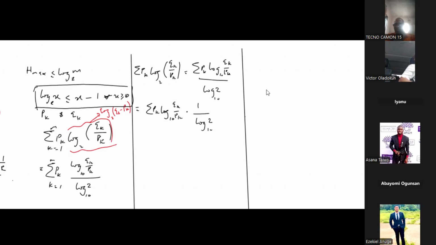So I just brought this out. So if I multiply by 1 over this, it's still this. Is that clear?